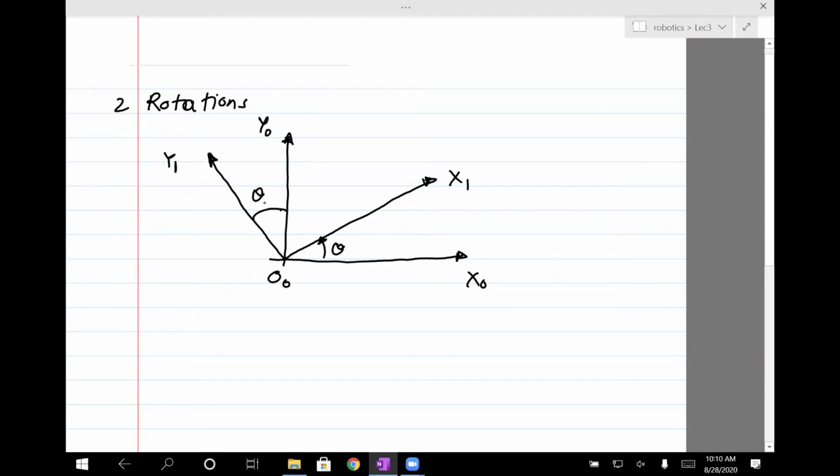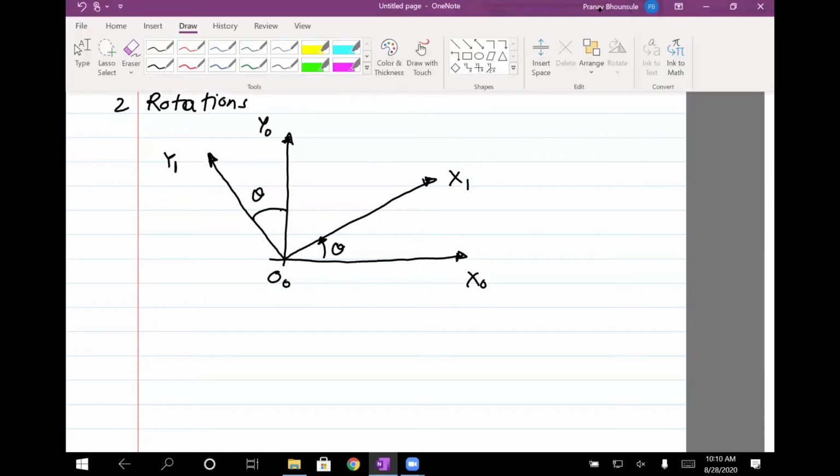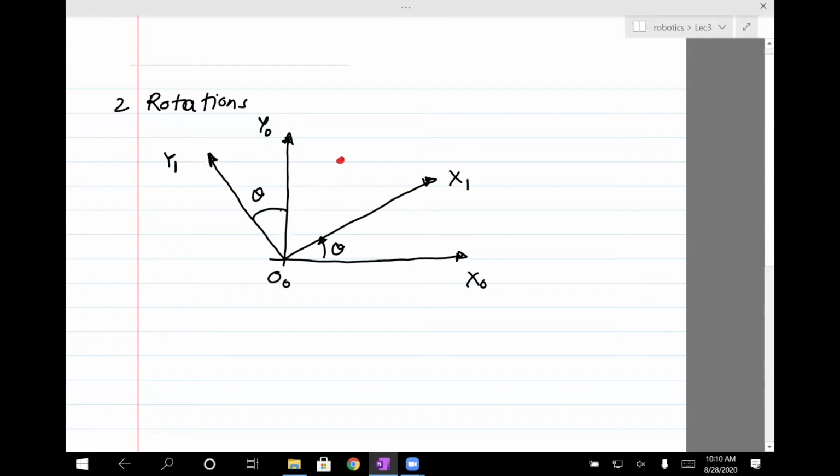Okay, so now we're again doing the same thing, which is describing the position of point C with respect to frame 0. So what we'll do is we'll find the position of C with respect to frame 0 and also frame 1. So let me just move it slightly to the right. This figure is going to get pretty cluttered. Okay, let's see. Okay, so we drop perpendiculars to frame 0. And we also drop perpendiculars to frame 1.